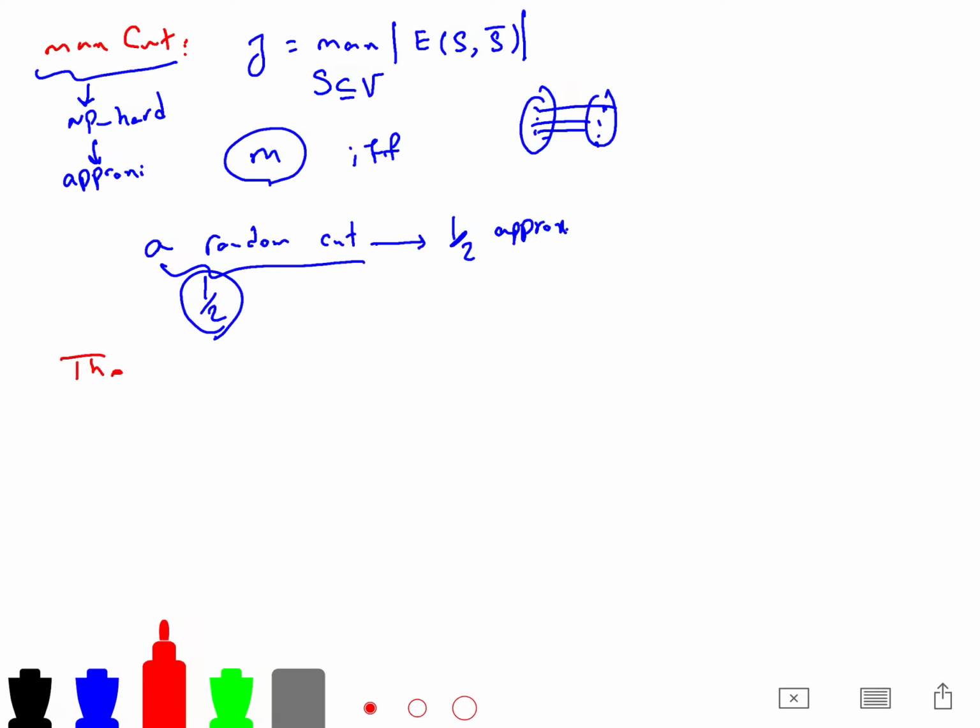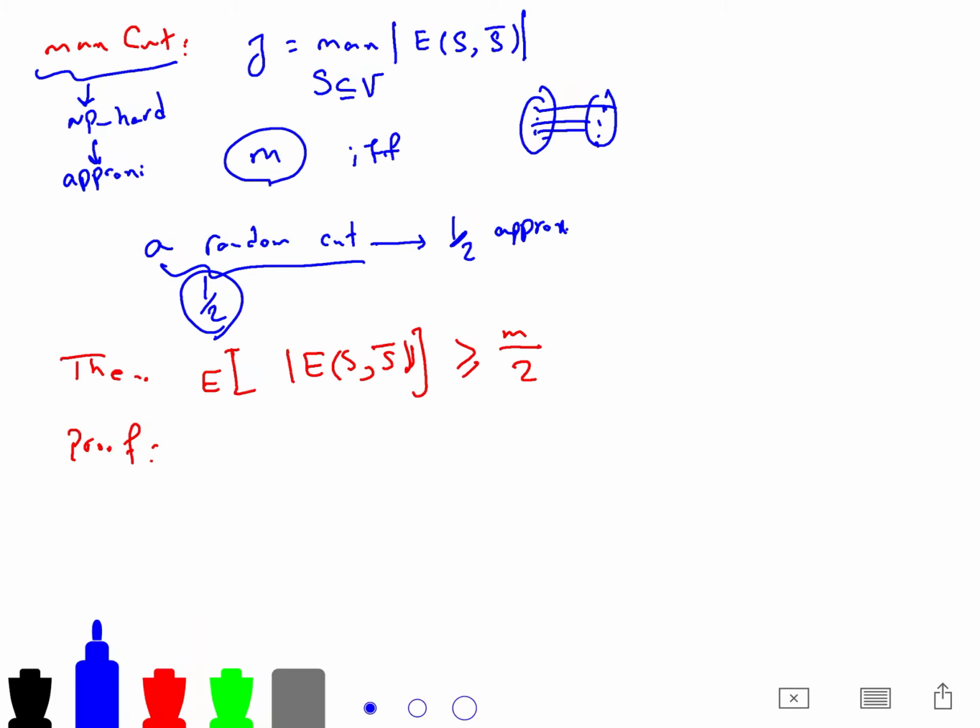So the theorem is that the expectation of the number of edges going from S to S bar is greater than m over 2. The proof is very simple, because for each edge e, if x_e is 1, it means that e is cut.